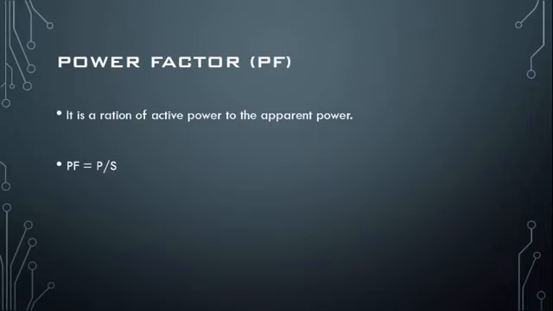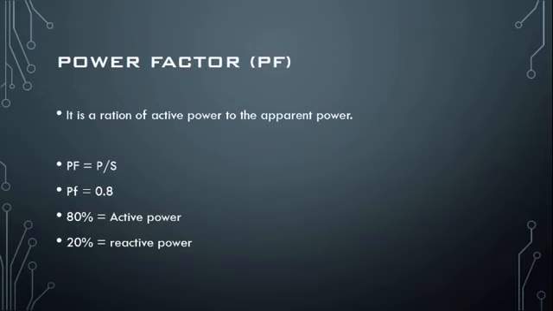Let us say I'm having an induction motor, and on my induction motor it is written as 0.8. Now what does this 0.8 mean? What does power factor equal to 0.8 mean? It means my induction motor is consuming 80% of active power from the 100% of apparent power, and the remaining 20% is reactive power.